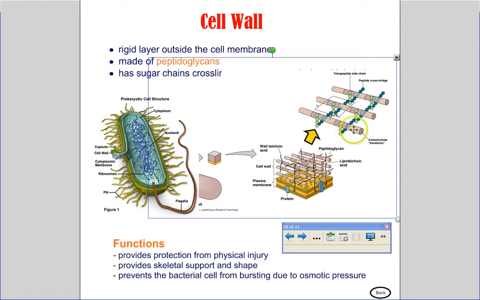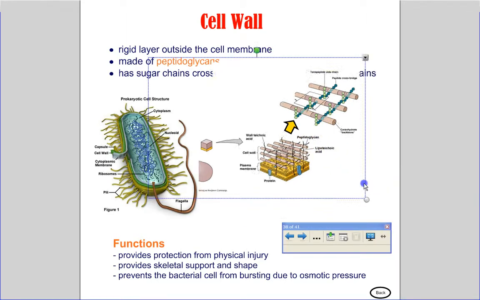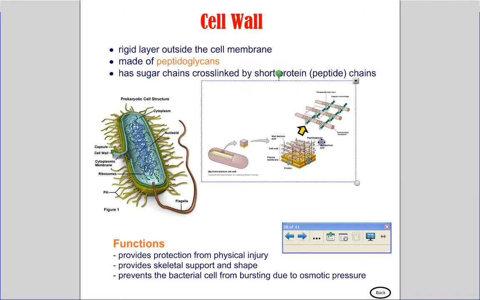Okay, so these purple lines are representing the carbohydrate or sugar backbones, and they are cross-linked by little protein chains, so peptide chains. So peptidoglycans.